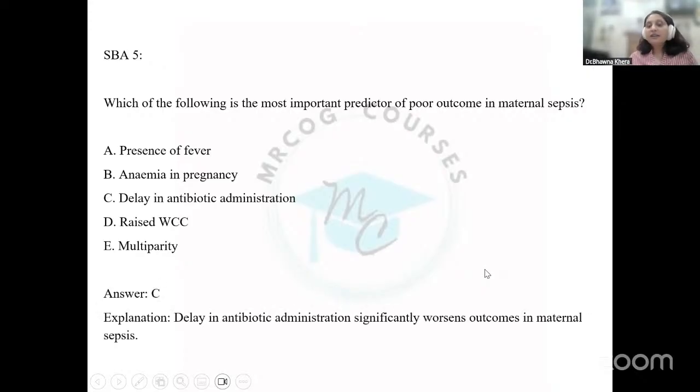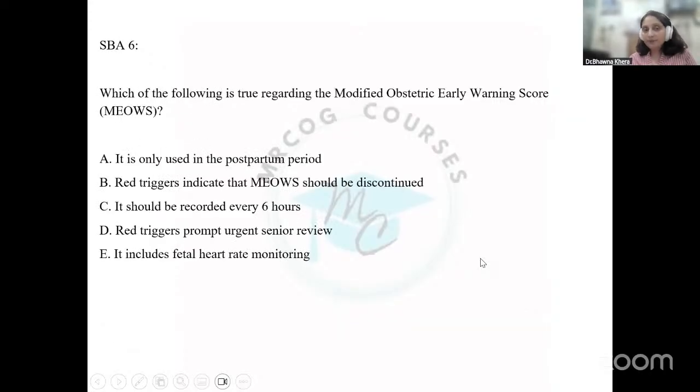Yes, it is the delay in the antibiotic administration that leads to worse outcomes. So we have to give antibiotics appropriately within the first hour, therefore it is an important component of the sepsis bundle.